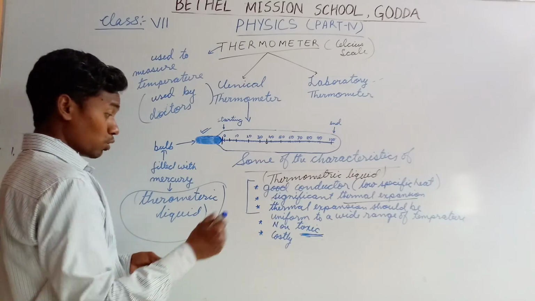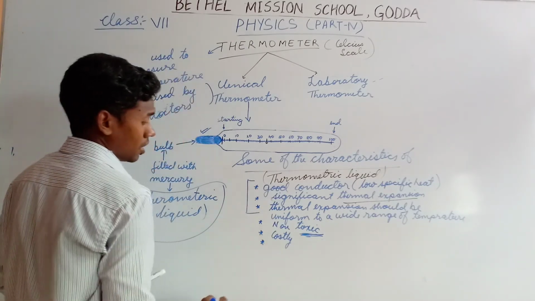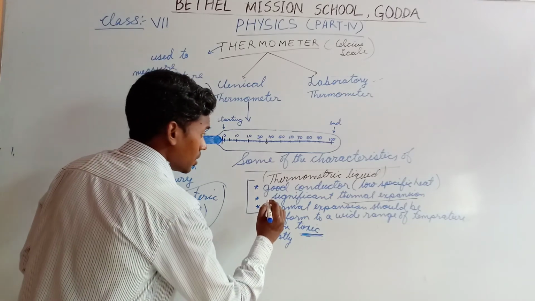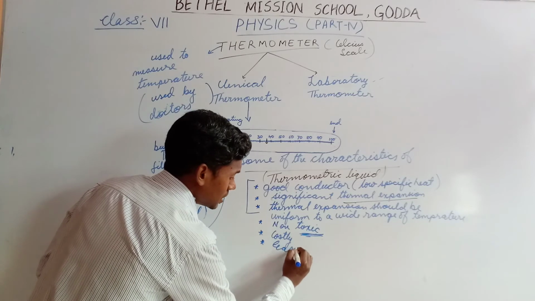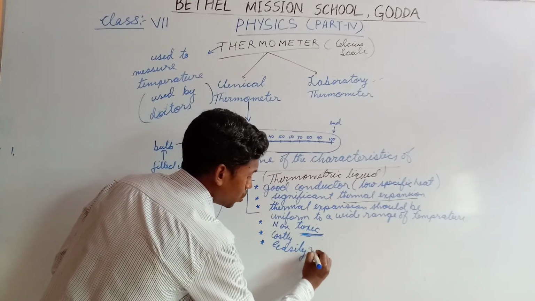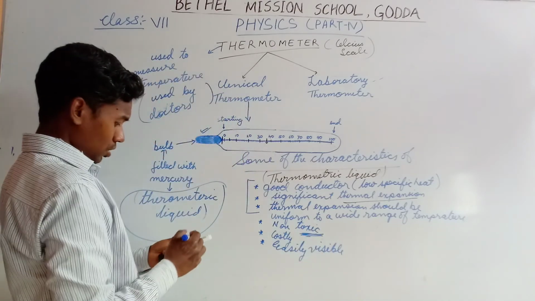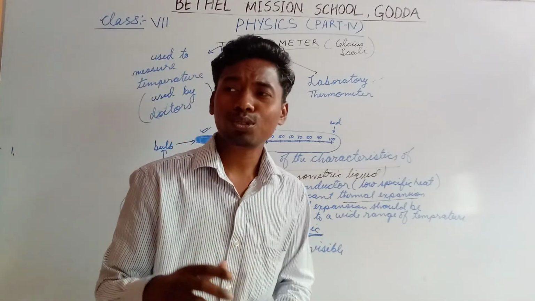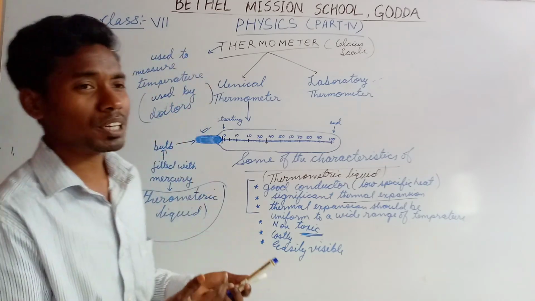Acha, one more thing I was missing. This is also very important, that this thermometric liquid should be easily visible. Why can't we use water as a thermometric liquid? Because water is a transparent substance.